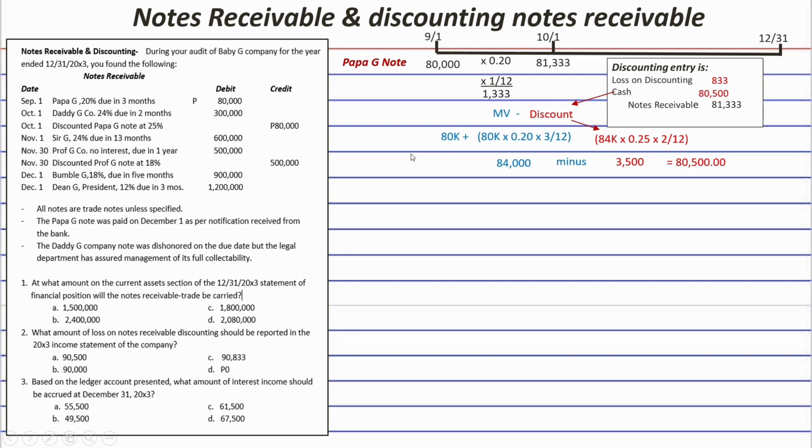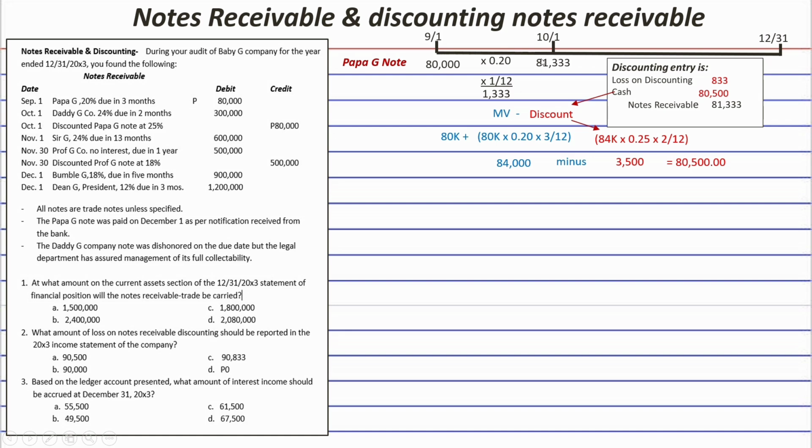Okay? Now, there is an additional information here, which is Papa G's note was paid on December 1 as per notification received from the bank. Okay? And actually, guys, you don't care already about that.